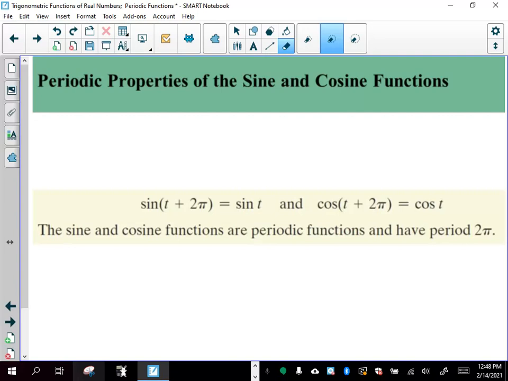If I go to 30 degrees and I make one full revolution from 30 degrees, then I wind up back at 30 degrees because I've gone 360. So 390 degrees is the same thing as 30 degrees.